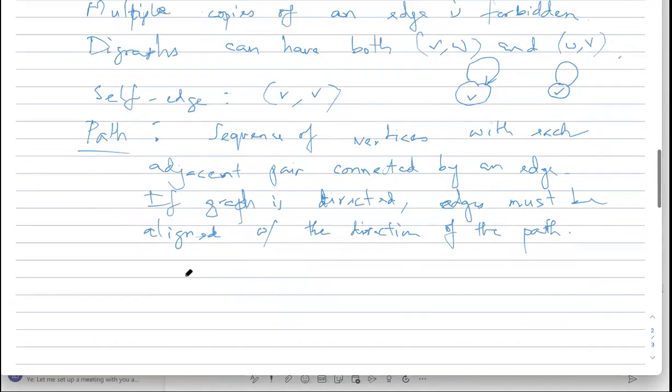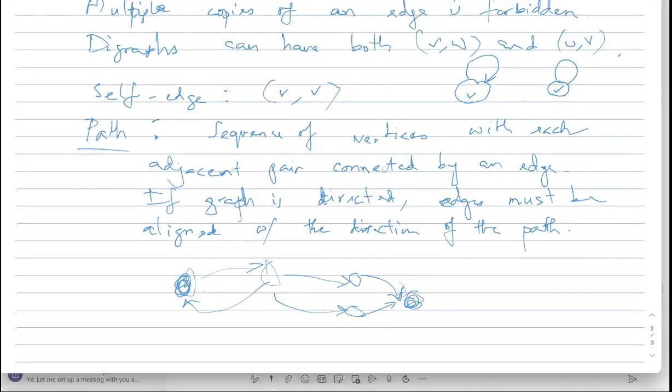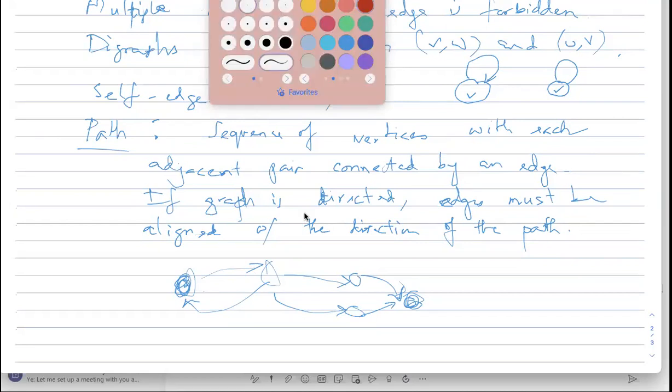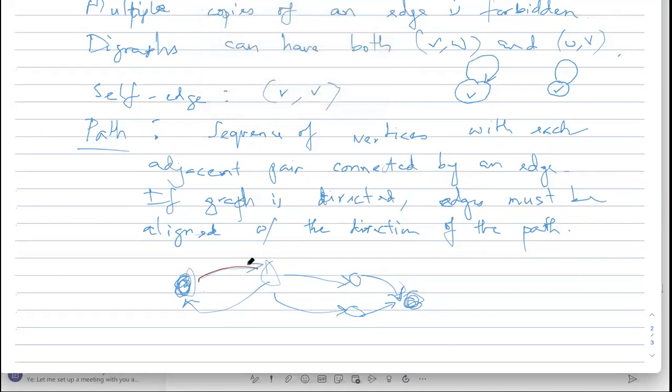In other words, when you have a bunch of nodes and we are talking about taking a path from here to here, the path cannot be in the reverse direction. It has to go along the direction of the arrow. So this is a path between the two nodes.